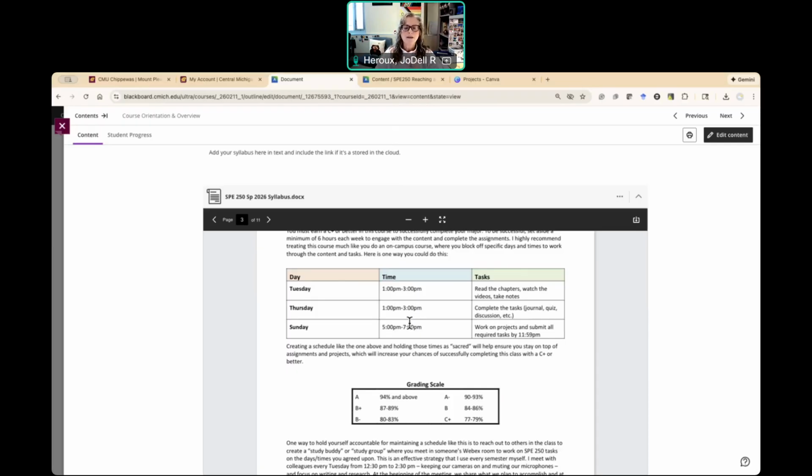I'm happy to do that, because taking online courses can be really, 1, lonely, 2, can feel a little disconnected, and 3, it's really easy to forget to do work or to put it off because you're not showing up in person in class every day. So it takes a lot of executive functioning skills: planning, prioritizing, organizing. And I don't know about you, I have attention deficit hyperactivity disorder, the inattentive type.